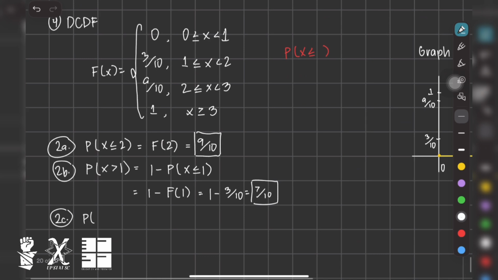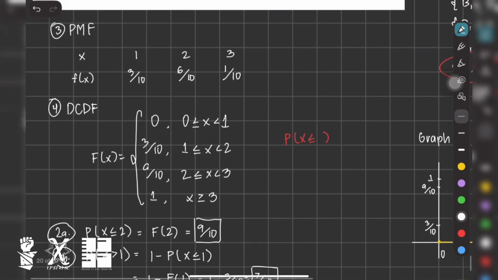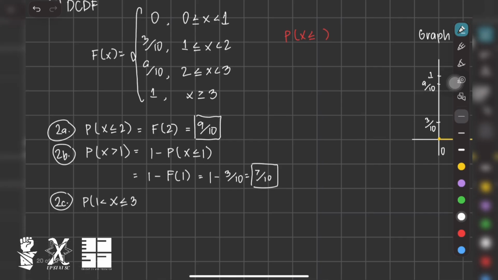So how we wrote it at 2a using the words at most, we can write that initially as at most 3 bleach fans, and it says more than one bleach fan. So more than one is like this: 1 is less than x. So that's how you will write your probability.